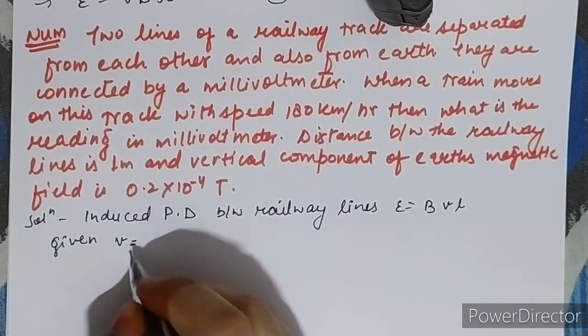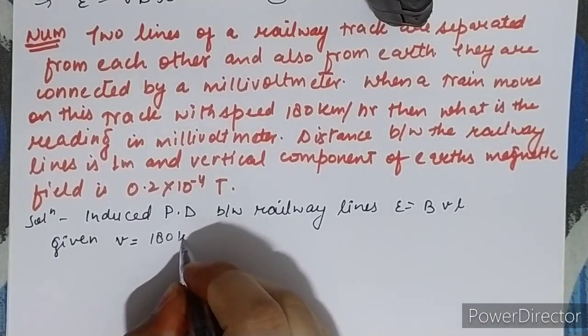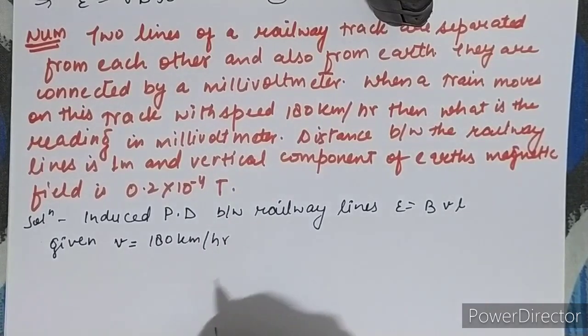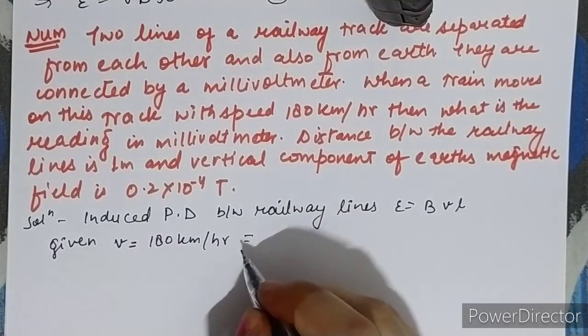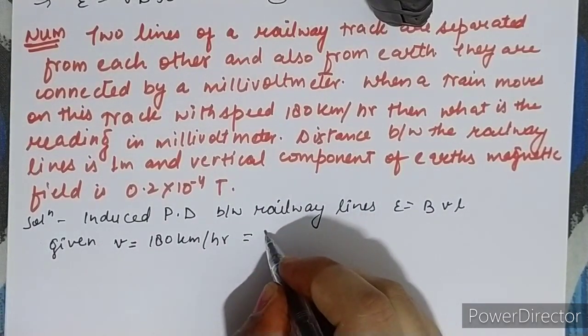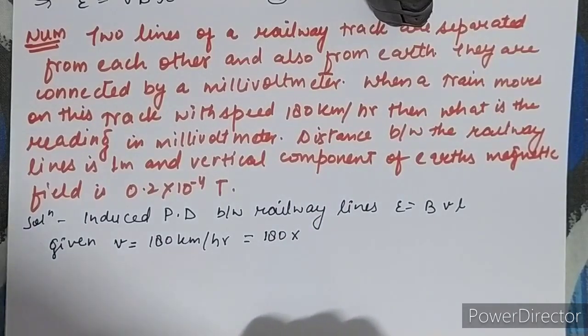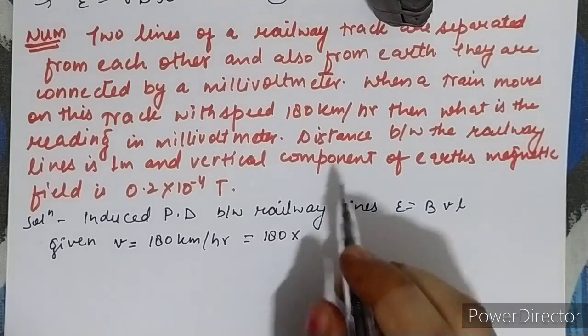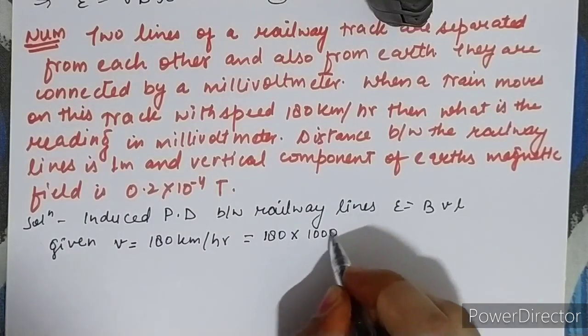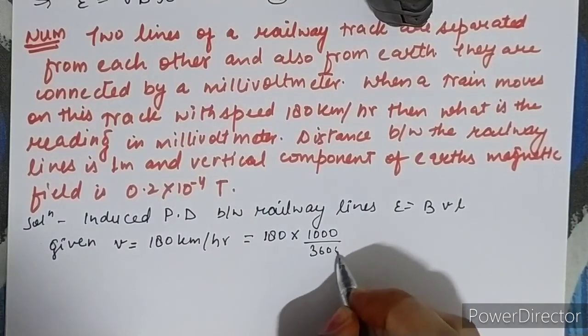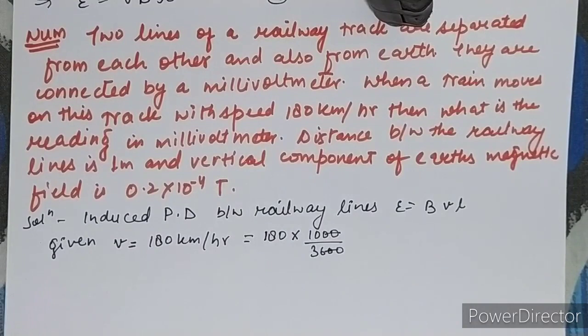Velocity is 180 km per hour, so we have to convert it into meter per second. 180 times 1000 upon 3600, so it will be 5 upon 18.